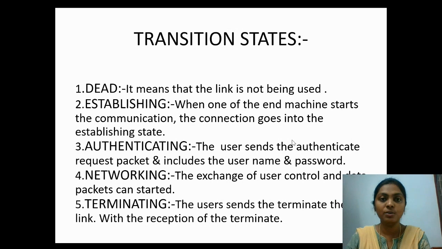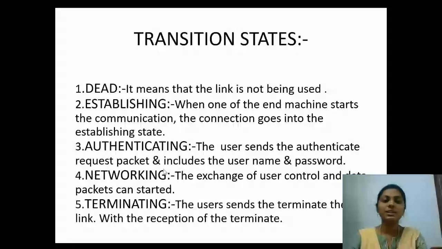We know that PPP supports two types of authentication protocols, PAP and CHAP. If any of the workstations or the user sends the authentication request packet, requesting the client verification, then it is said to be in the authenticating state. And the fourth one is after authentication, when the communication starts, it is said to be in the networking state.